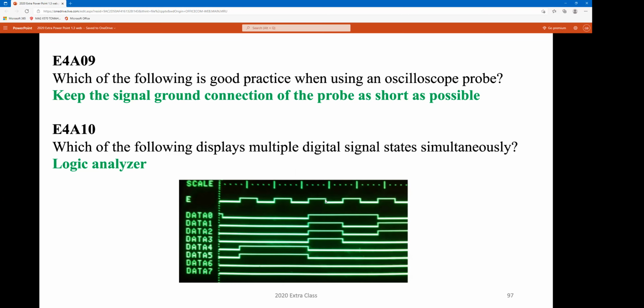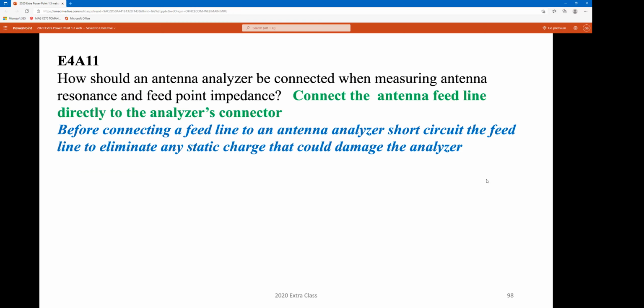Let's look at different bits there. How should an antenna analyzer be connected when measuring antenna resonance and feed point impedance? Connect the antenna feed line directly to the analyzer's connector. And there's a good note about getting rid of static charge in the line.